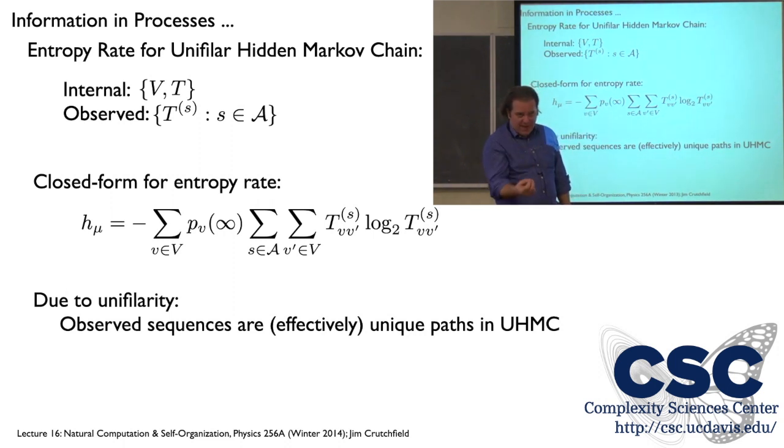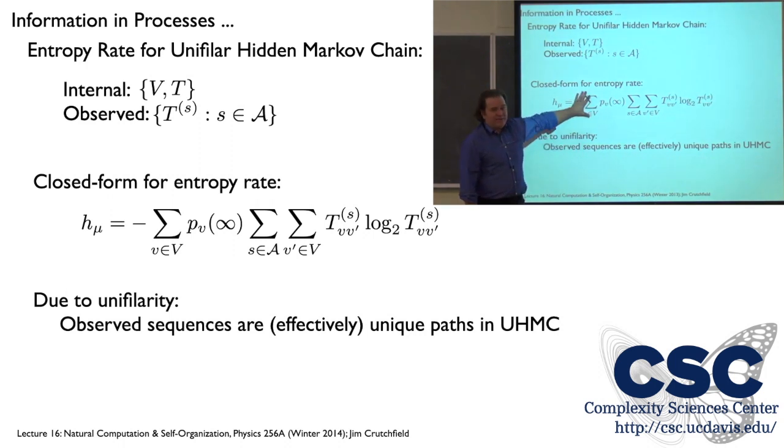And the benefit of that was I have my process that has been generated, and I'm asking a question about the information in the process, say the 0s and 1s coming out. But because of the unifilarity, there's a mapping between observed sequences and internal state paths, which means I can use the internal Markov chain transition matrix to calculate an entropy rate that's certainly true for the hidden state sequences, but it's also true through unifilarity of the observed sequences.